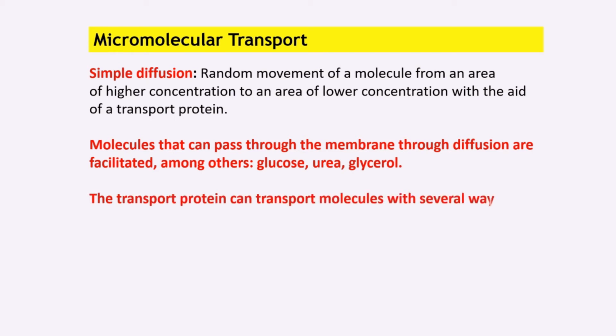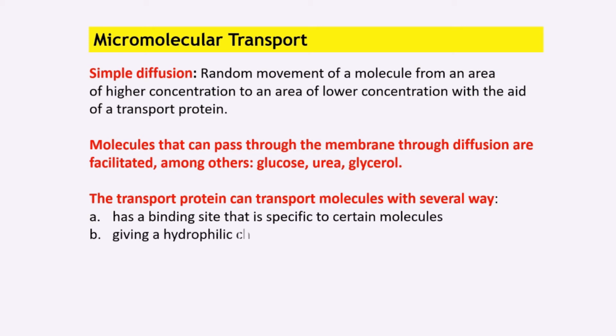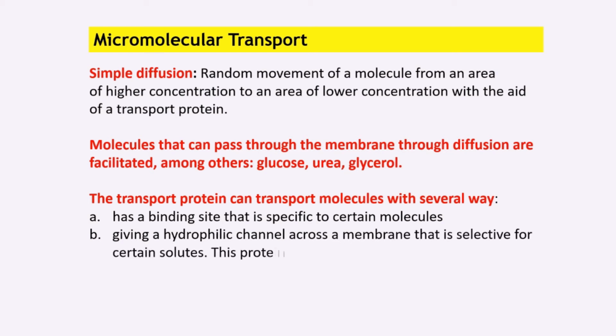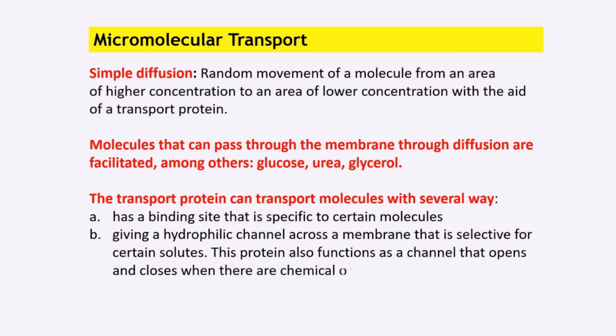The transport protein can transport molecules in several ways: it has a binding site that is specific to certain molecules, giving a hydrophilic channel across a membrane that is selective for certain solutes. This protein also functions as a channel that opens and closes when there are chemical or electrical stimuli.